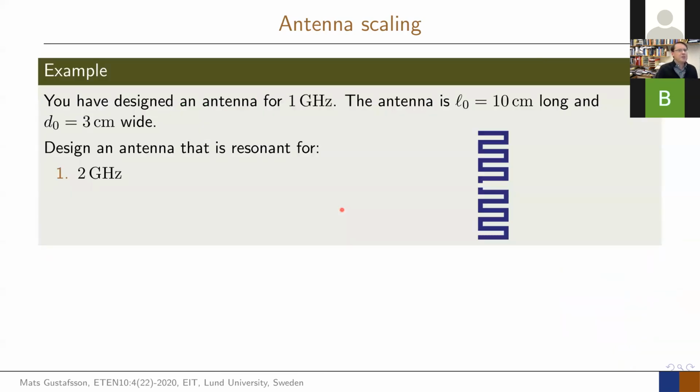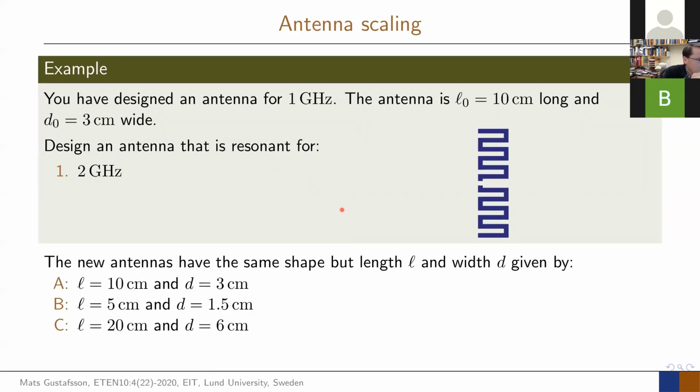So if we take a case here and we say that you have designed your antenna now for 1 gigahertz, it's resonant. You want to design it for 2 gigahertz. You have your meander line antenna here. How should you scale all your dimensions? How big should you make it in these cases? The first one, you can see, is 10 centimeters long, 3 centimeters wide. And we will start a poll on this.